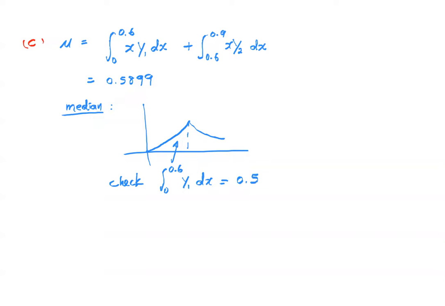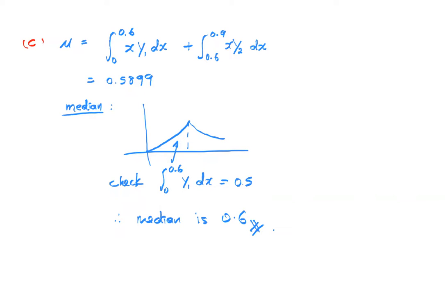Five what? I want to know the exact value. You cannot say 0.5, I'm checking only, I haven't found the median yet. Yes, what is the answer from 0 to 0.6? Exactly 0.5. Oh, so then you can make a conclusion already. Therefore, median is 0.6. Are you clear?